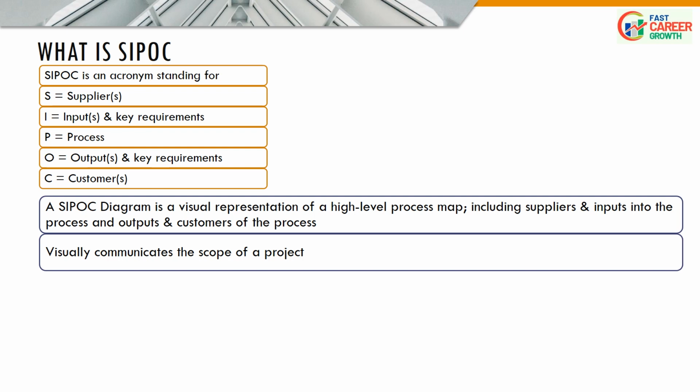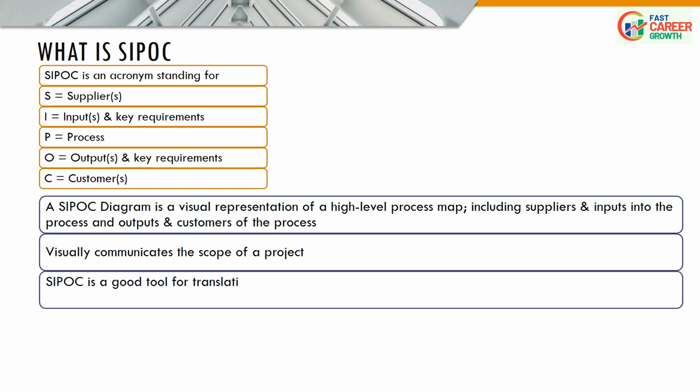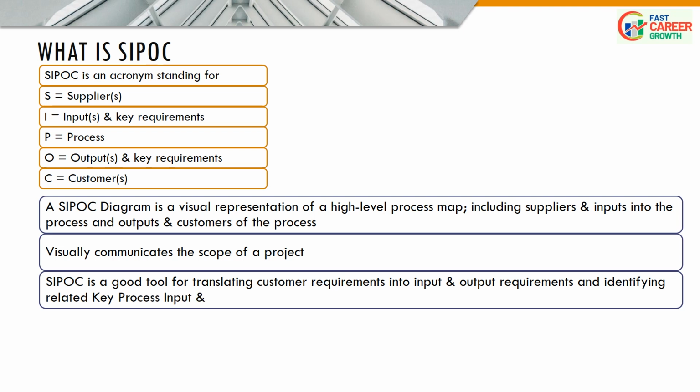SIPOC is a good tool for translating customer requirements into input-output requirements and identifying related key process input-output variables, KPIVs, KPOVs. It aids in understanding the flow of materials, information, and actions within a process, ensuring alignment with customer expectations.